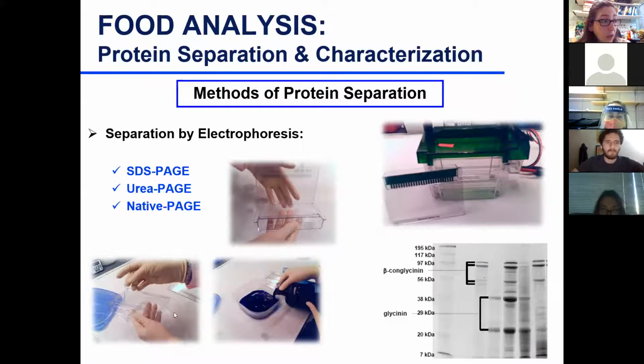So we take the gel out and we add Coomassie blue dye and leave it for an hour or so. And then we remove the dye and we add what we call destain solution. And we destain the gel, which ends up being a clear gel again with only the protein stained. So you can see only the protein. So it's a pretty neat technique.